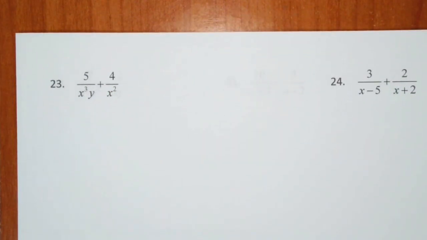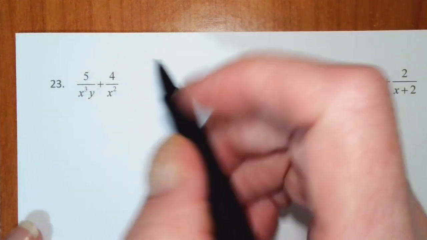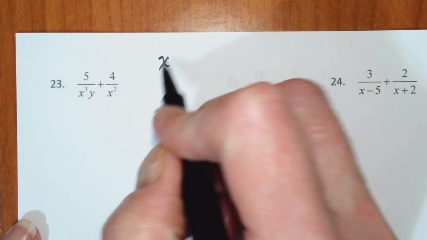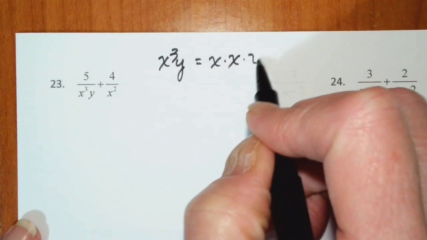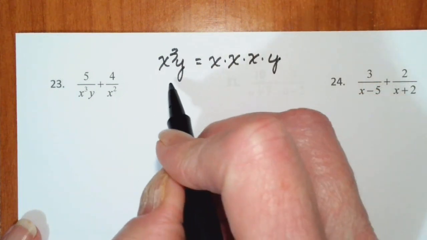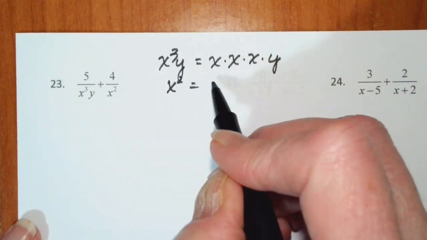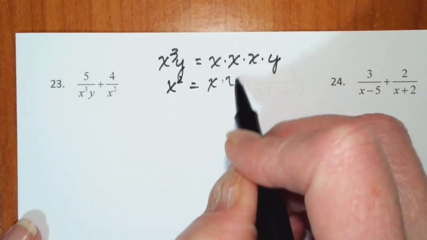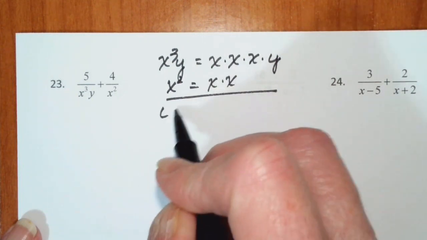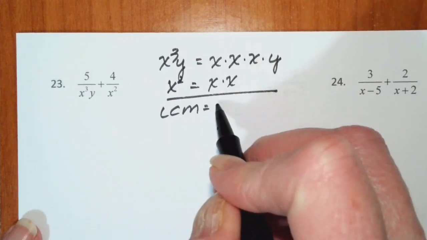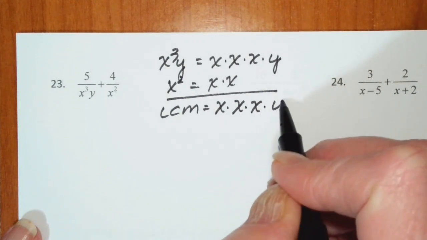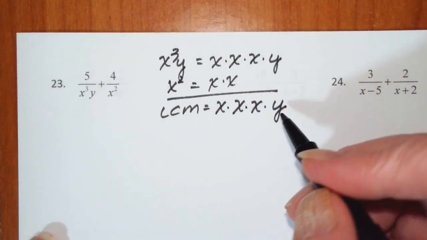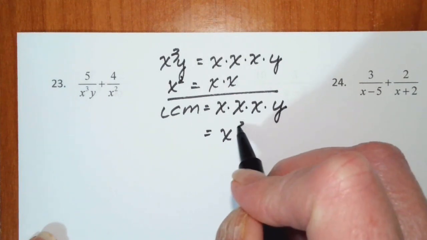Okay, on 23, my denominators are not the same, so I'm going to have to find the least common multiple. So x to the third y is equal to x times x times x times y. X squared is equal to x times x. So my least common multiple has to have x, has to have another x, has to have another x, and has to have a y, which is x to the third y.